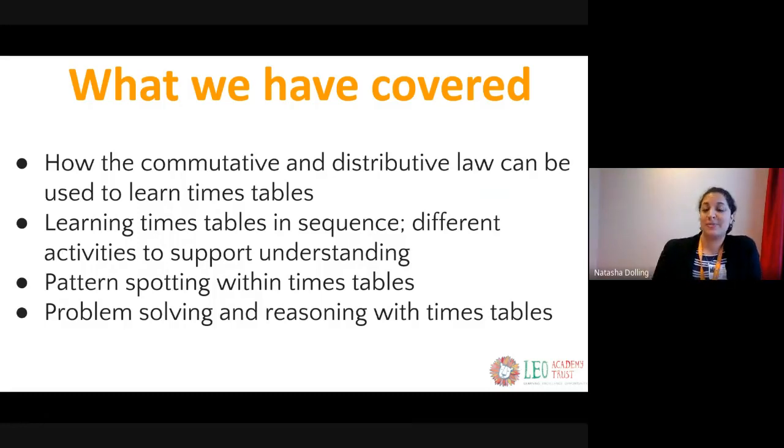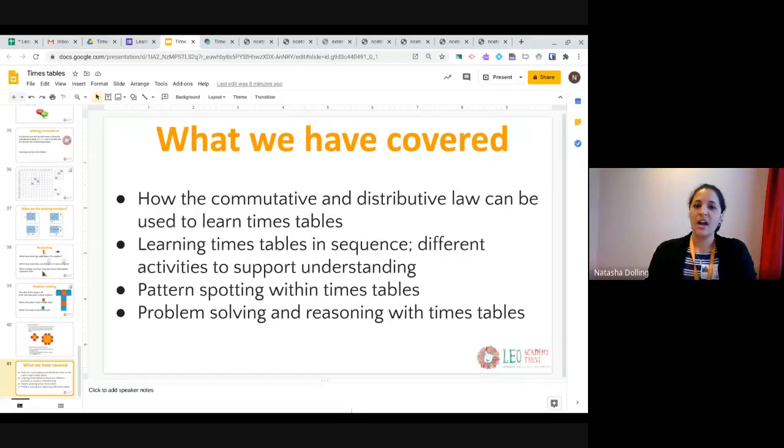We've looked at pattern spotting within times tables, and we've also looked at problem solving and reasoning with times tables as well. I'm only sorry that we couldn't do this all a bit more together in a room, but unfortunately that's the situation that we're in now.